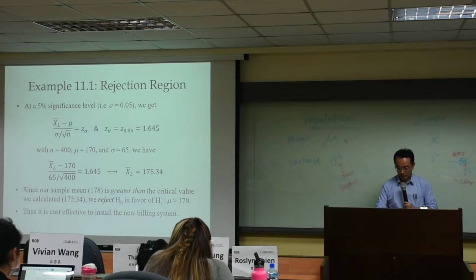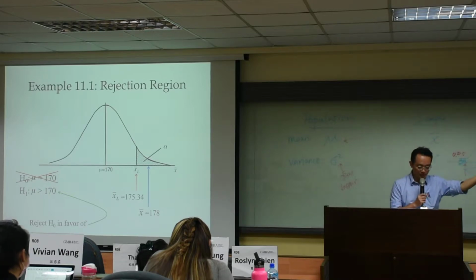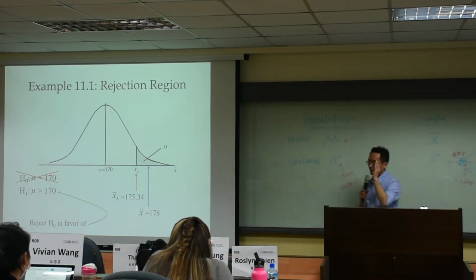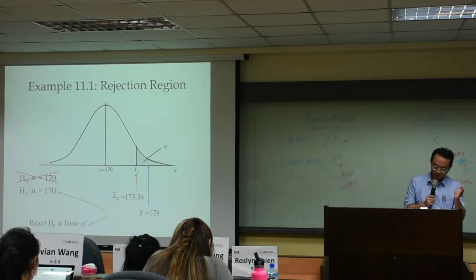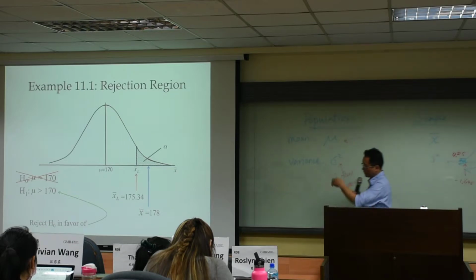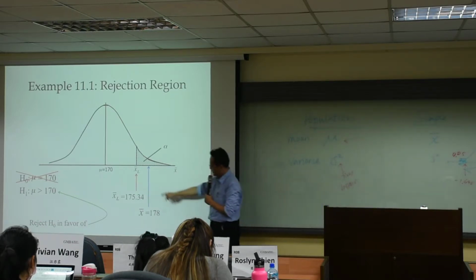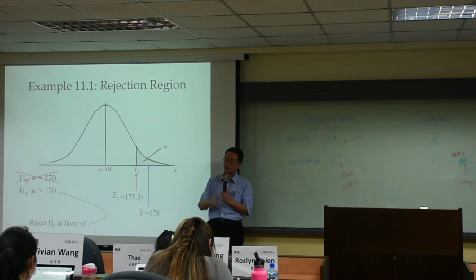This plot gives us the whole structure: the normally distributed behavior of the sample and the mu. Mu is at 170, and X̄_L is 175.34 here, and we collect data with 400 samples.